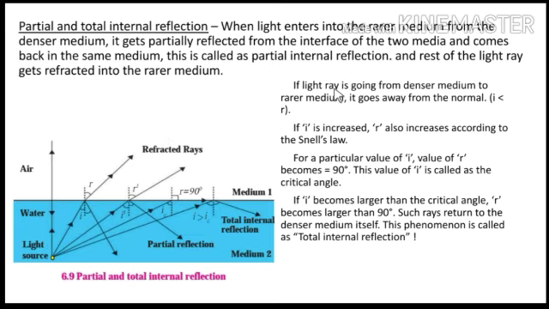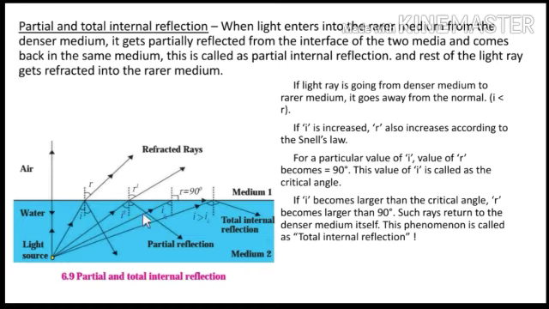If a light ray is going from denser medium to rarer medium, it goes away from the normal. That means angle I is smaller than angle R. Angle R is greater, which is made with the normal at that place. If I is increased, then R also increases according to Snell's law.